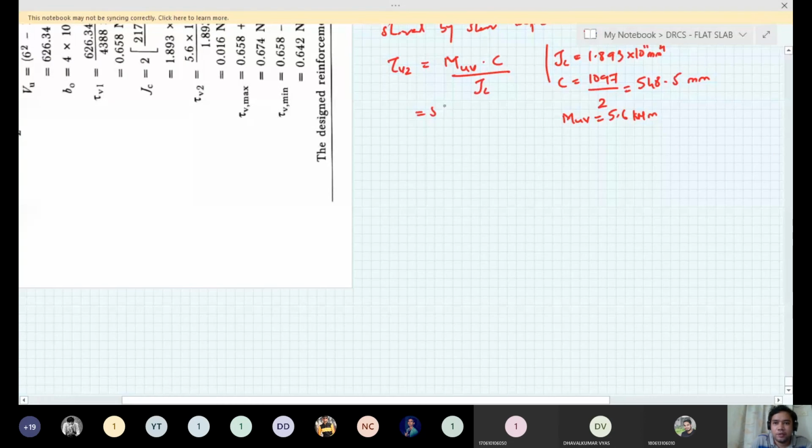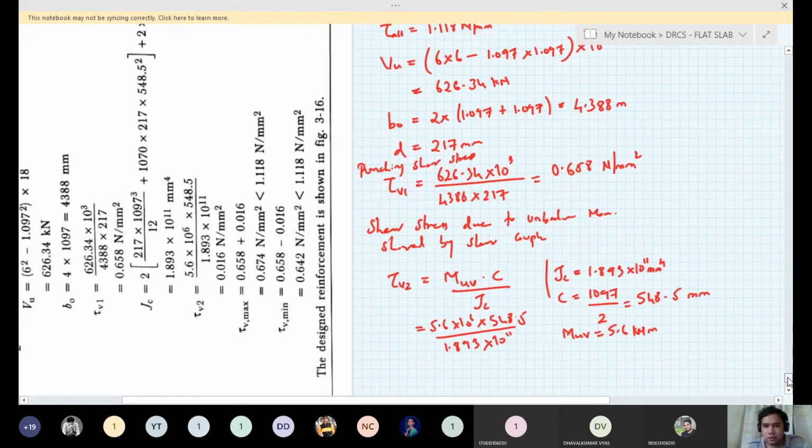So you substitute this 5.6 into 10 to the power 6 into 548.5 divided by 1.893 into 10 to the power 11. So you will get the value of tau v2 as 0.016 Newton per mm square.